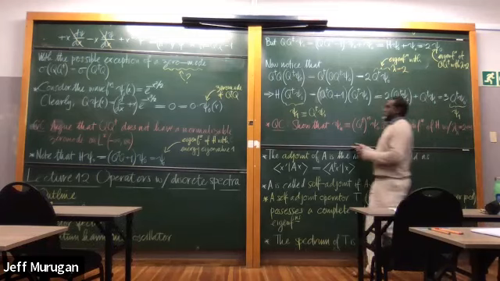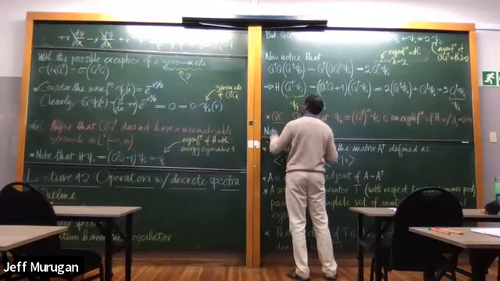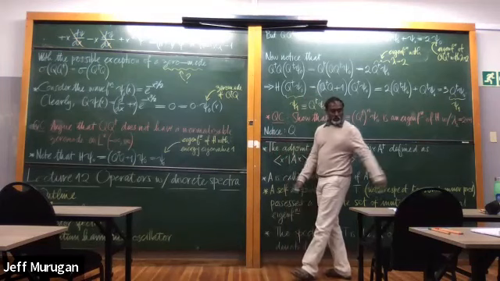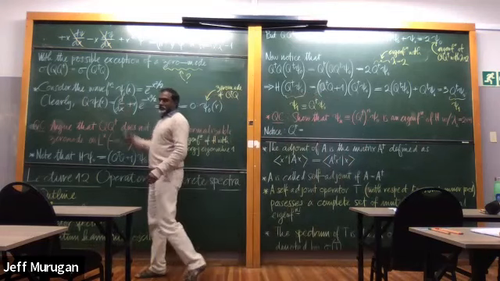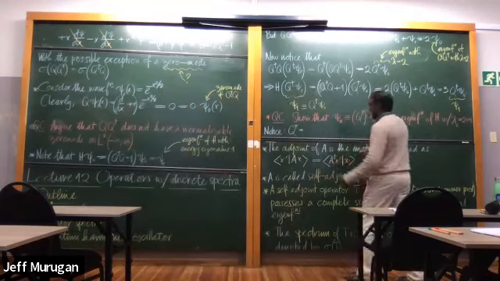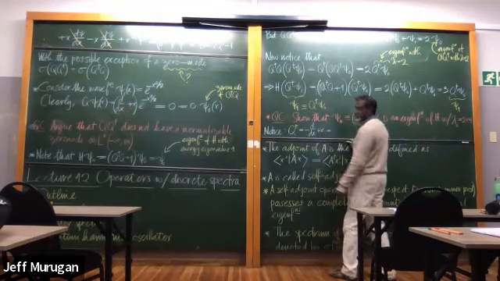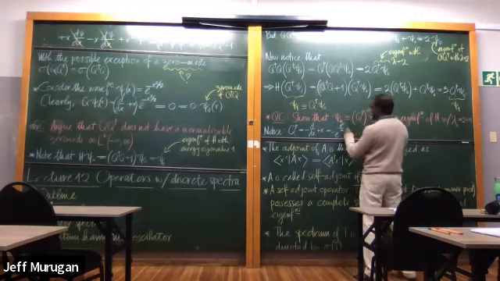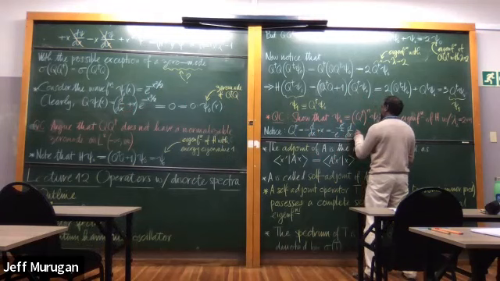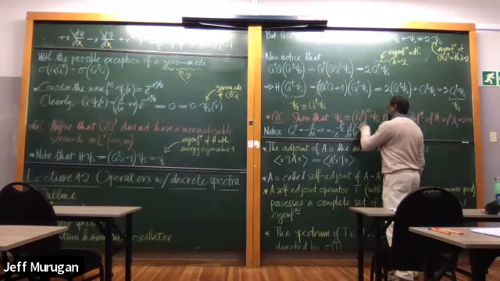To put it into a more familiar form, notice the following. This operator Q dagger, which was minus d by dx plus x, I can write in the following way: minus e to the minus x squared over 2, d by dx of e to the x squared over 2.